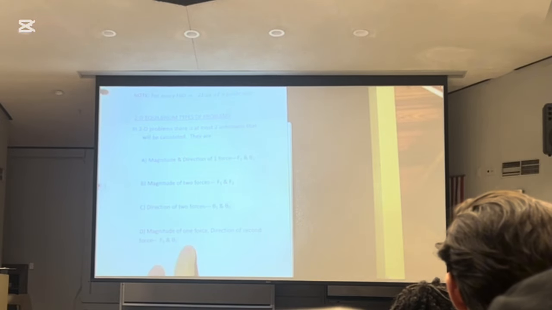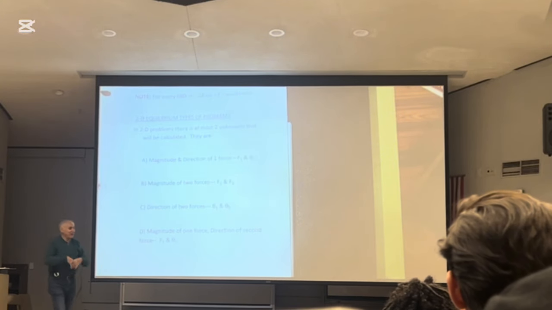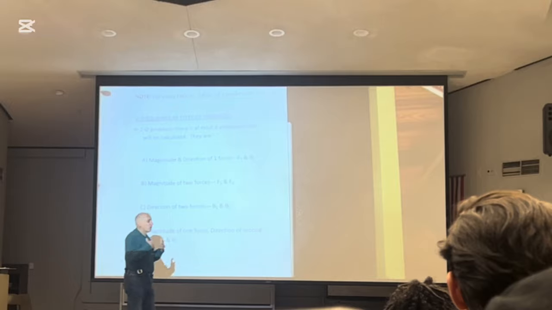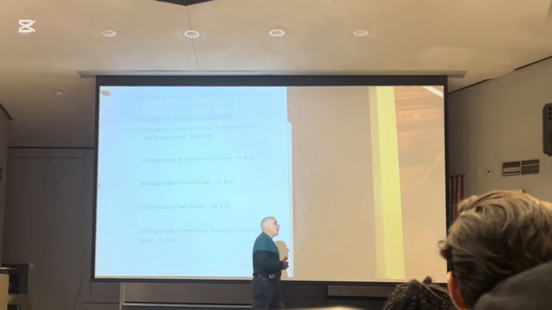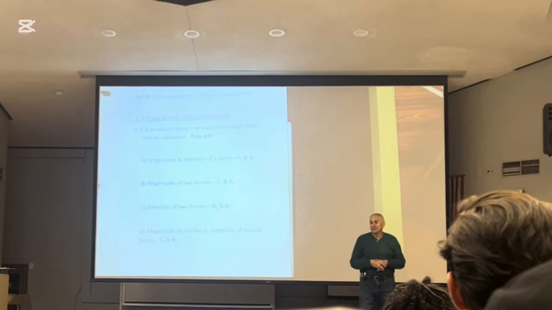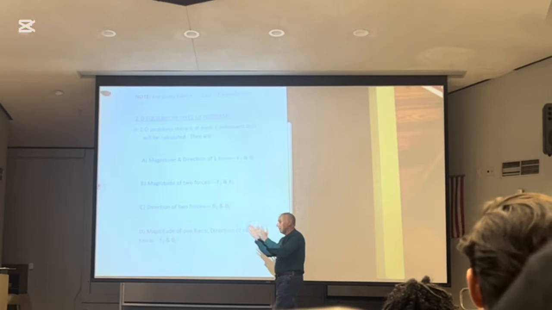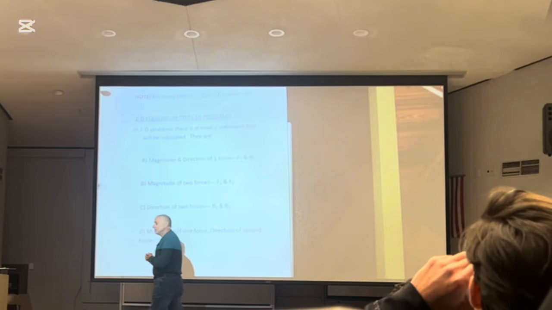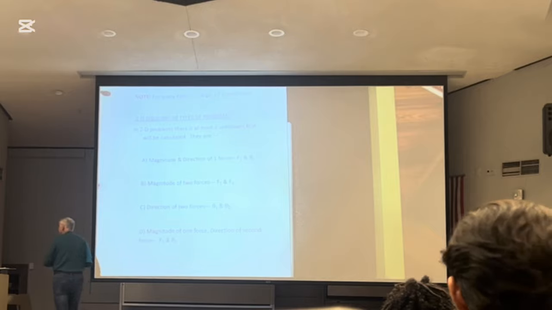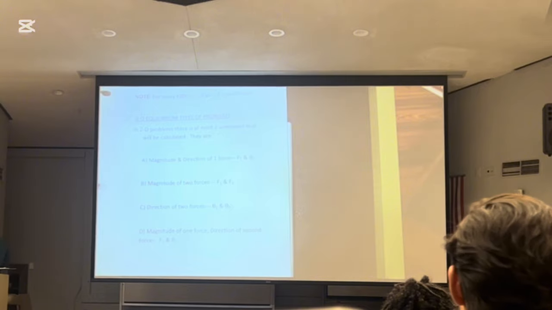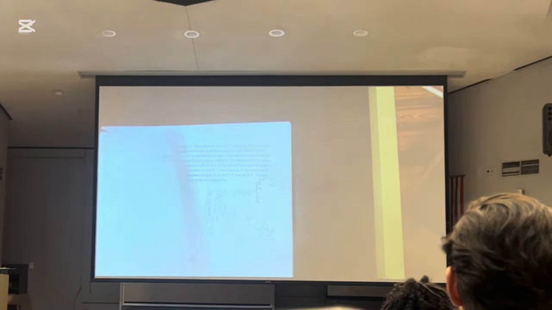Or it could be you're asked to find the force of one and the angle of another. That's it. Very basic, very simple. Those are the 4 possible scenarios of calculating equilibrium in 2D. It won't be any different. Okay? You with me? Who's not with me?